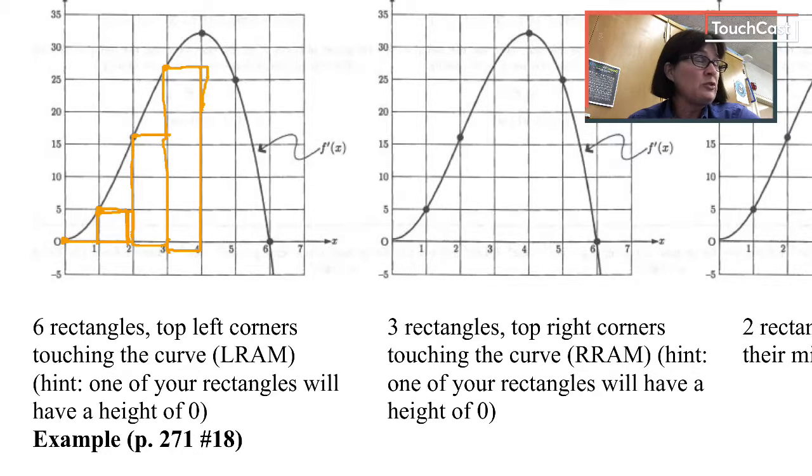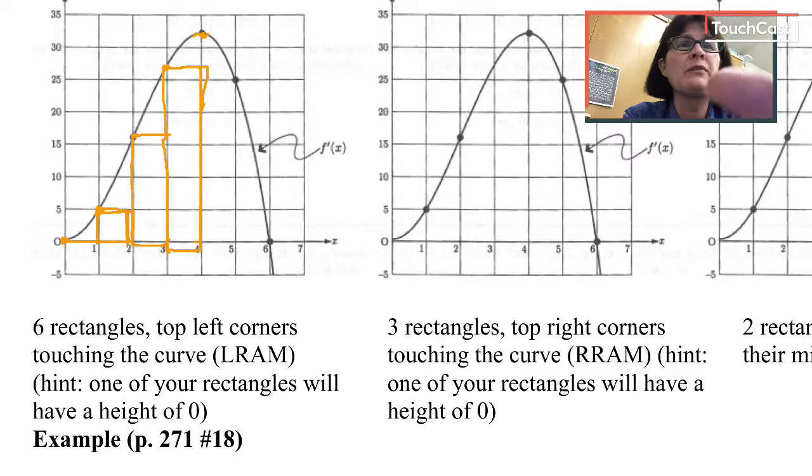So far, every rectangle I've drawn is too small. And in the example I did in the slide with LRAM, every rectangle happened to be too small. We'll talk about when that happens, but here, the next rectangle I need to draw covers from 4 to 5, so I'm going to go to the place where x equals 4, go up to the height. The height is more than 30.